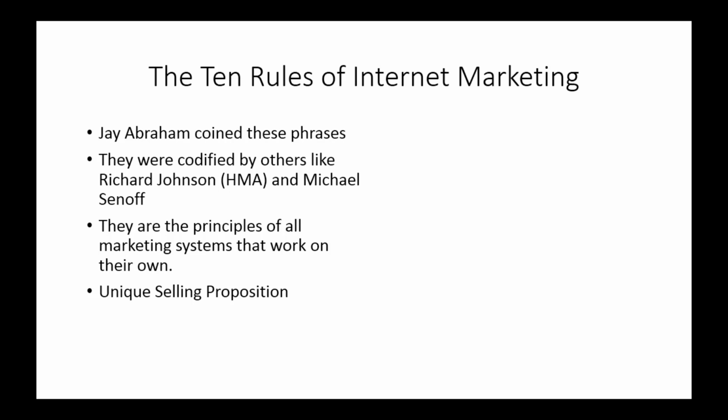It should be something that someone wants. Your USP doesn't matter if it's something that's unique, but no one wants what is unique. So you need to have something that's unique to the marketplace, that they can't get anyplace else, and it should be something that people actually care about, something that people want. That's what unique selling proposition is.